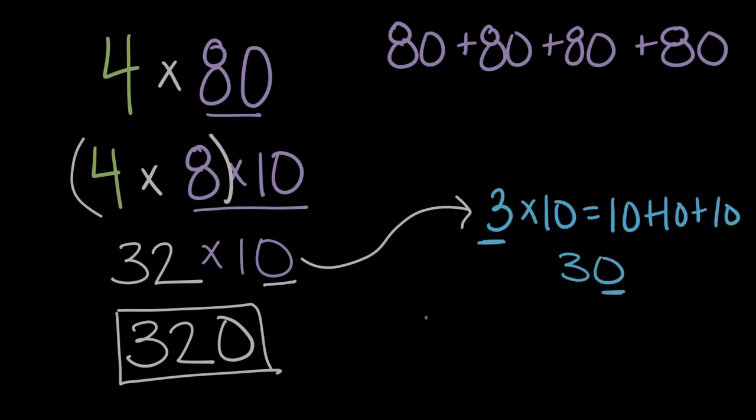If we had something like 12 times 10, well, that would be 12 tens. And if we listed out 10 12 times and counted them up, it would add up to 120, which again is our whole number with a 0 on the end, our 12 with a 0 on the end. So we can use that pattern here to see that 32 times 10 is 32 with a 0 on the end.